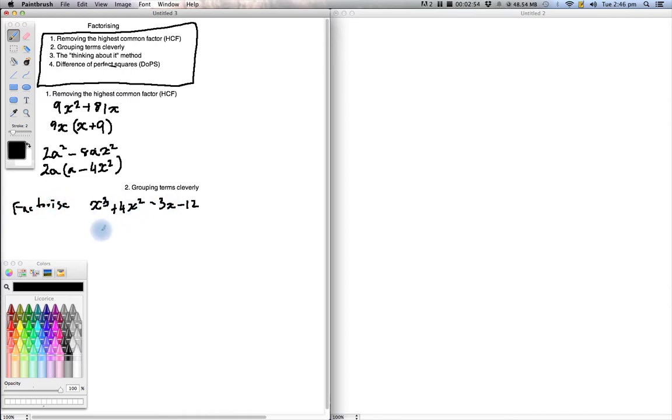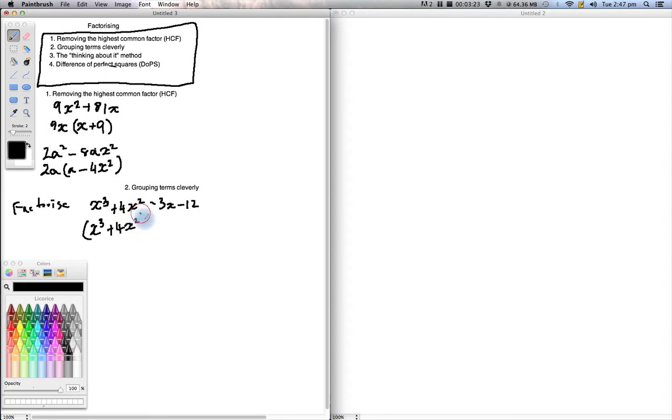Okay, so what we're going to do is group our terms cleverly so that we can find a highest common factor. So there's currently no highest common factor, but we're going to create a highest common factor by being a little bit clever. So let's group these first two terms together and the last two terms together. And I'll show you why in a moment.